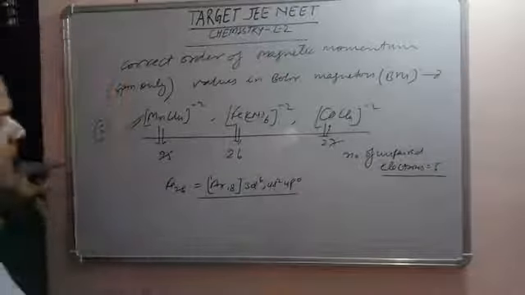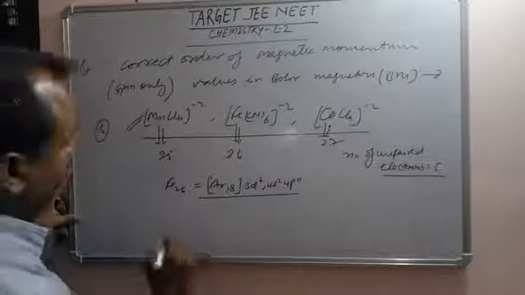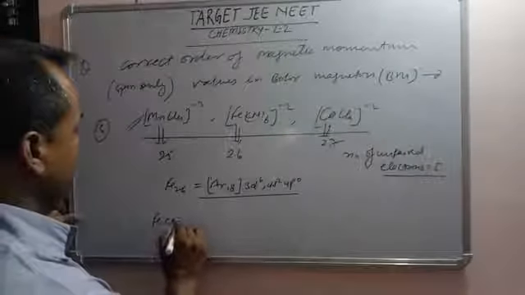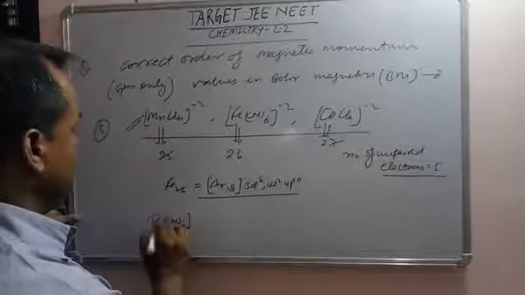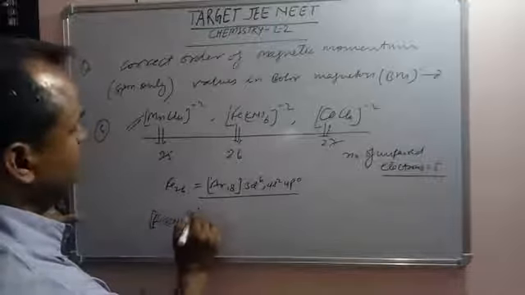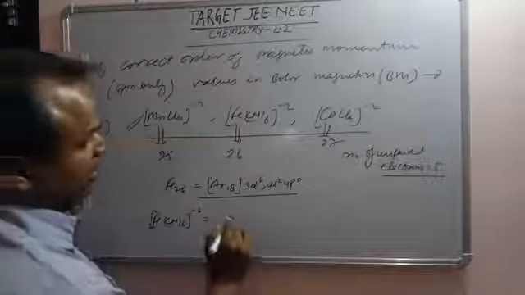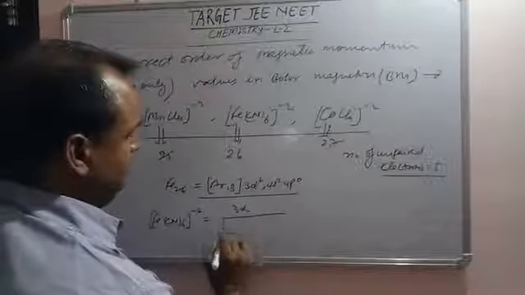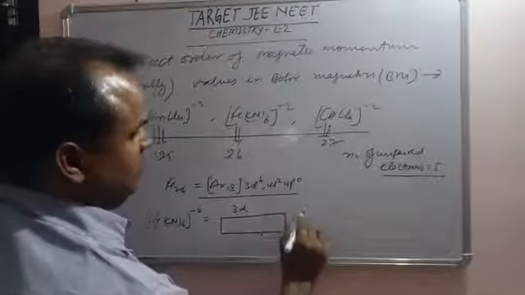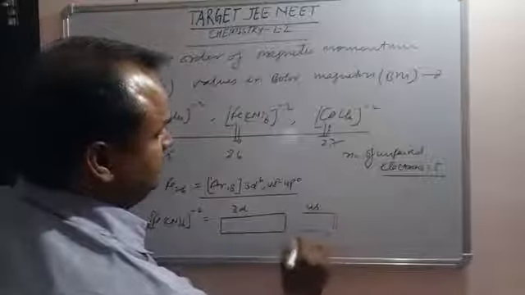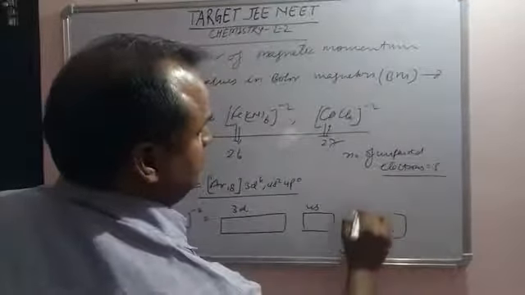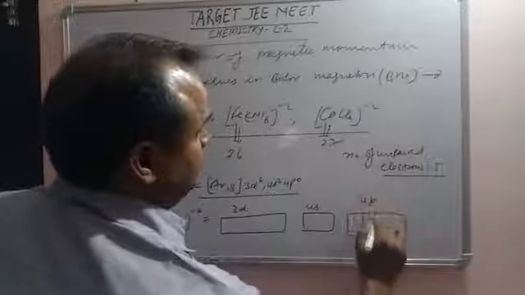So again, if we write directly, it can be written as Fe(CN)6 minus 2, where this is 3d, 4s, then 4p.